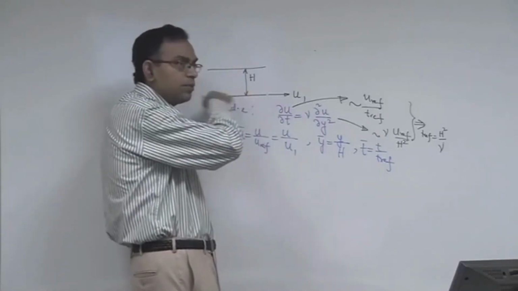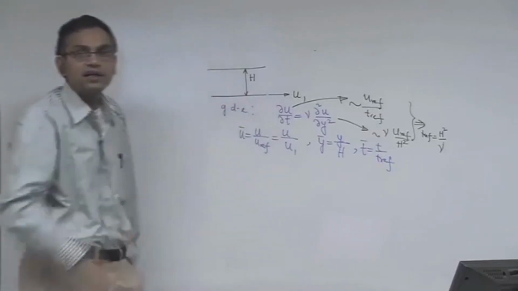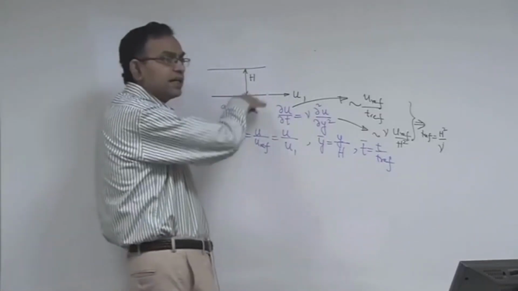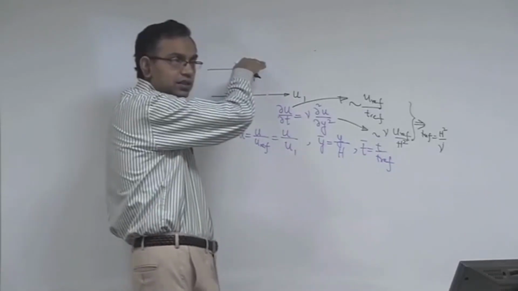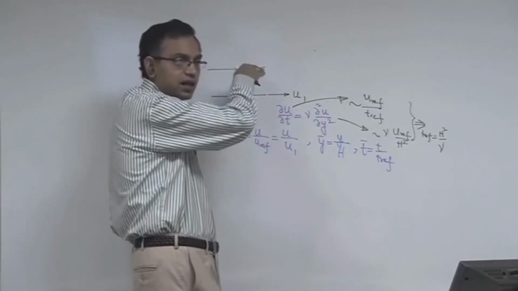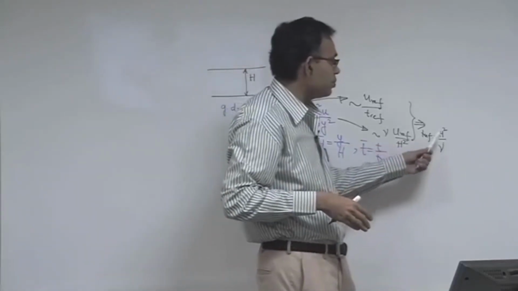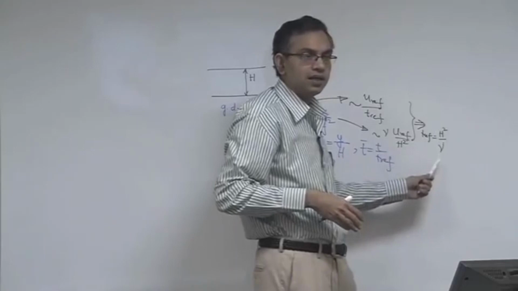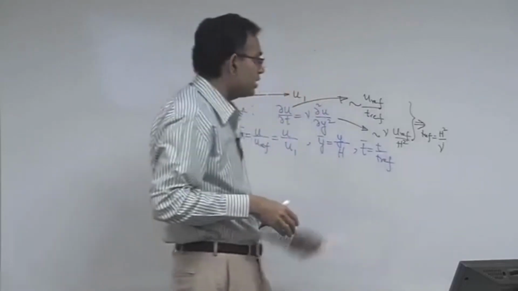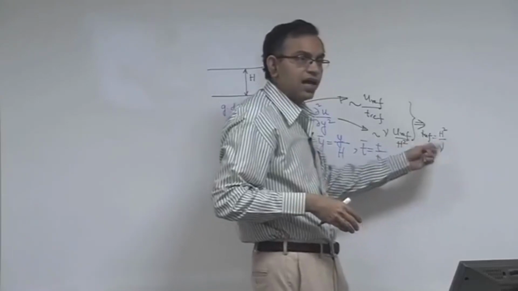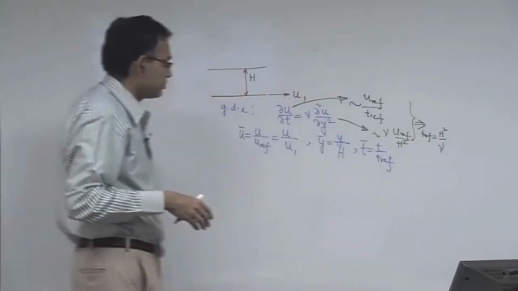The motion of the boundary at the bottom creates the characteristic change, and that motion gets propagated into the fluid because of viscous effects, and the characteristic time that it takes to get transmitted up to a distance h is h square by nu. So, that is the characteristic time scale based on h as a characteristic length scale.